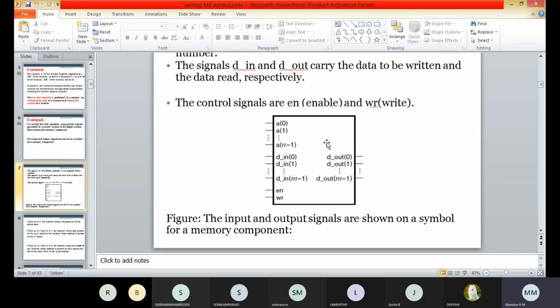For both operations we need to provide the address of the location to be written or read on a set of input signals of the memory component. For a write operation we provide the data to write as a further set of input signals, and for the read operation the memory component provides the data as a set of output signals.